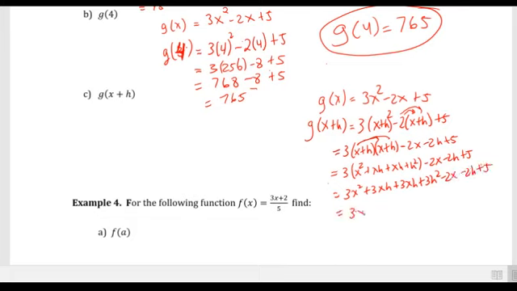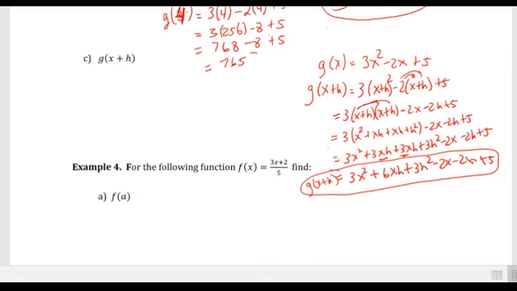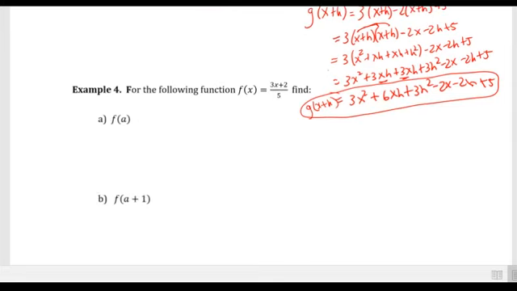Gather your like terms, 3x squared plus 6xh plus 3h squared minus 2x minus 2h plus 5. So these were my common terms. So we say that g of x plus h is equal to all of this.